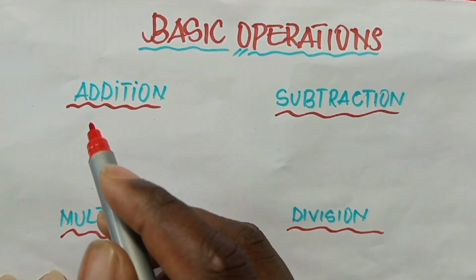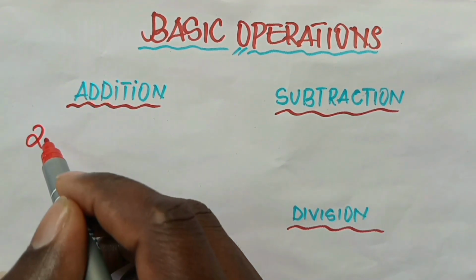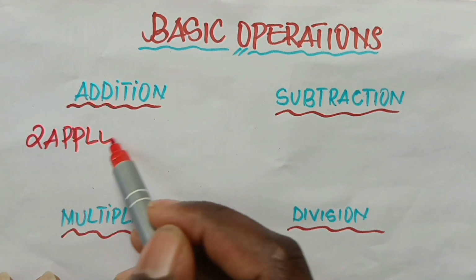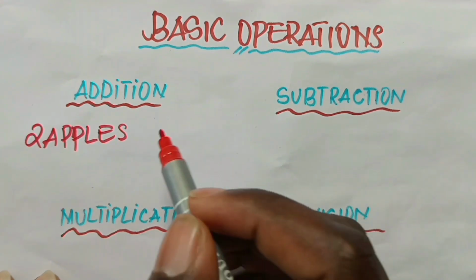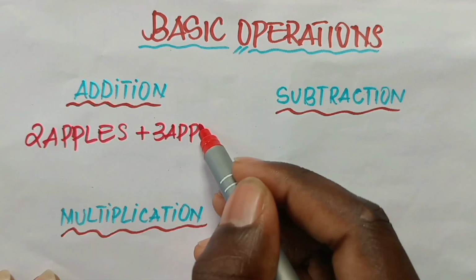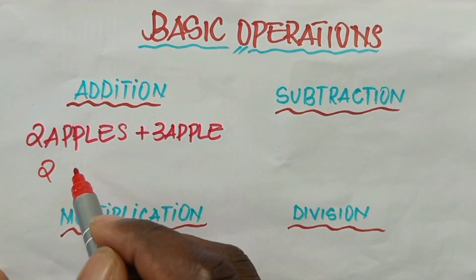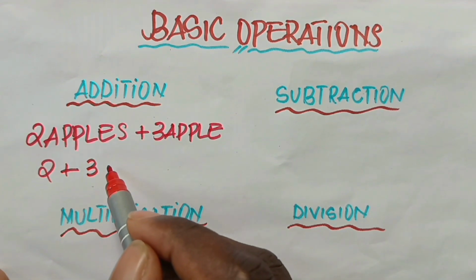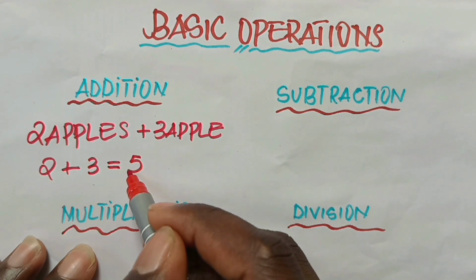Here in addition, for example, you have two apples, and your daddy will give you three more apples. Look, here you have two apples plus three apples that your daddy gave you, and you're going to have five apples.